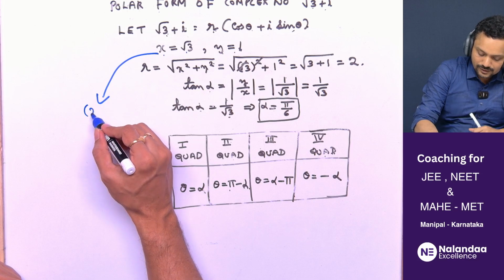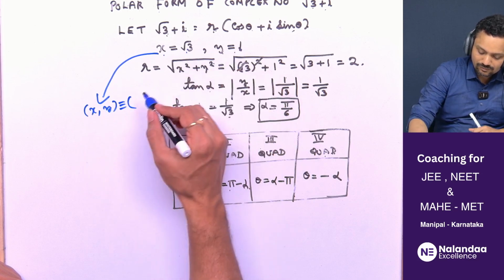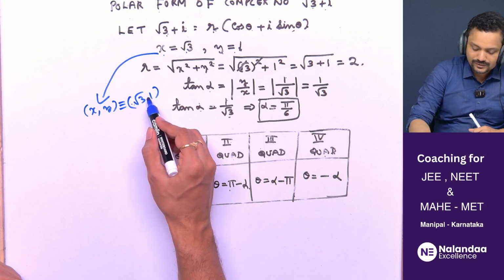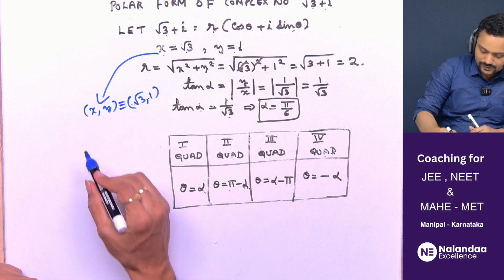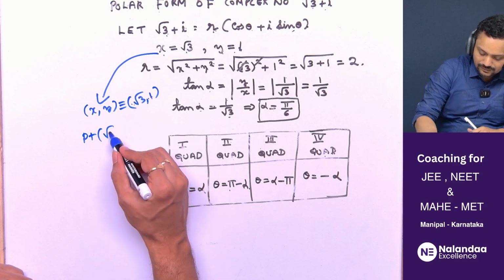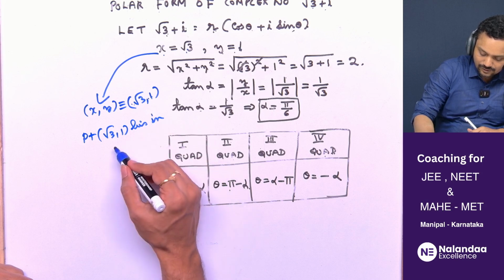So the point x comma y is nothing but root 3 comma 1. And since both the coordinates are positive, the given point is in the first quadrant. So I will just write it here: the point root 3 comma 1 lies in the first quadrant.